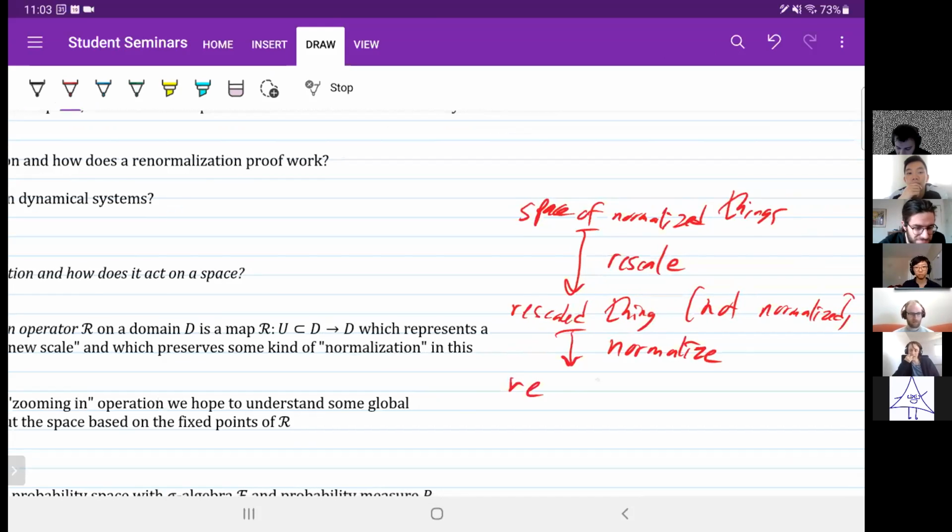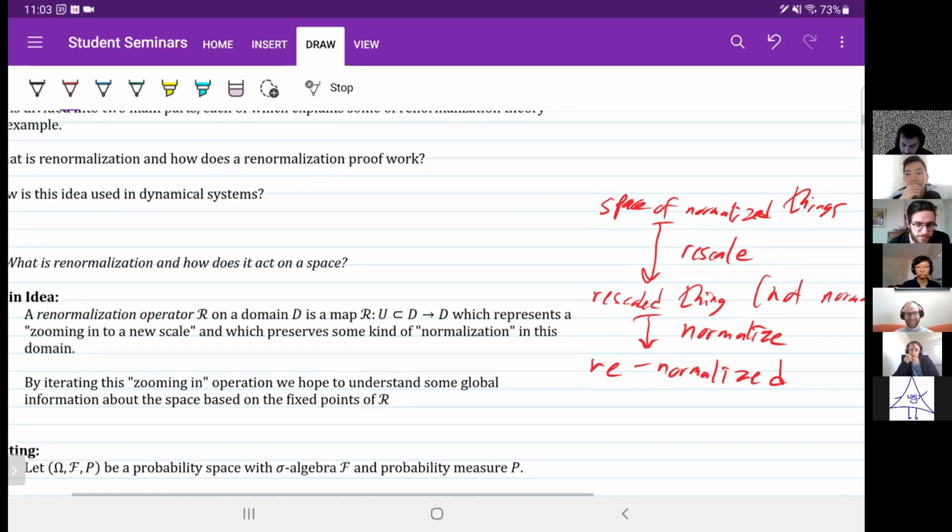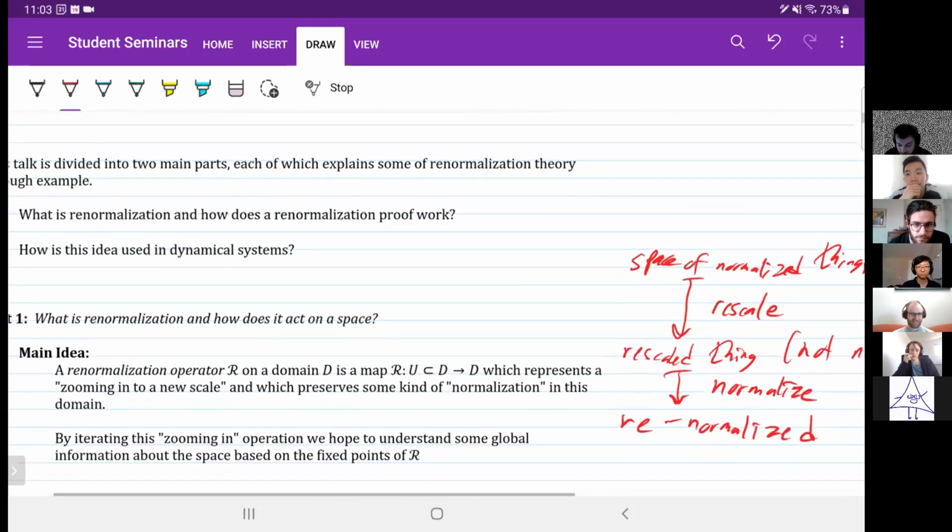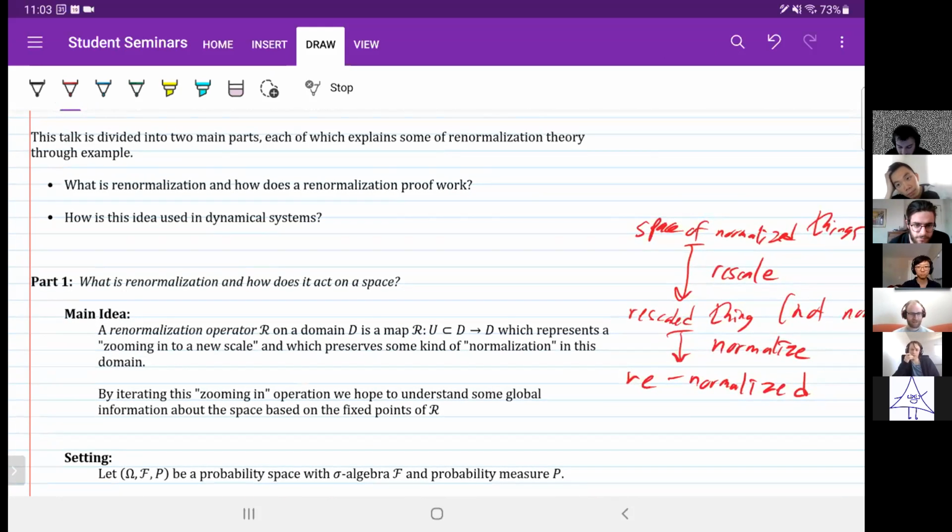And this gives us something which has been re-normalized, which is the origin of the term. This idea fits into a lot of different contexts, because if something is a fixed point of this, if I can zoom in on it and it looks the same, then we say that it's self-similar. And more or less, whenever you see the word self-similar appear in math or physics, there is probably a secret renormalization thing operating in the background, some more interesting than others.